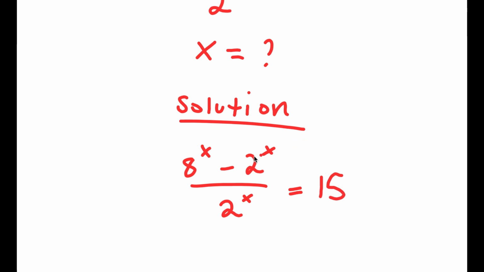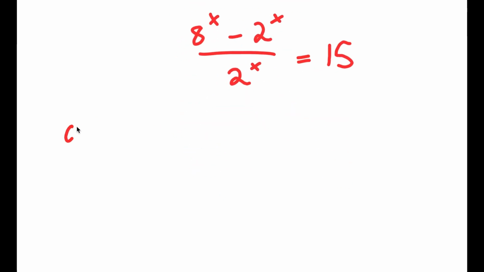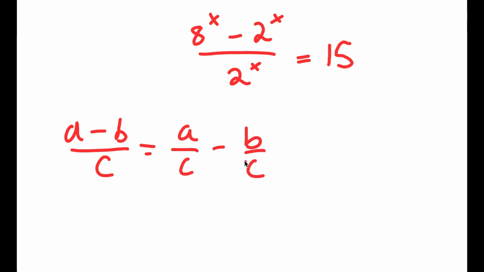And if I have something in the form a minus b over c, this is the same thing as a over c minus b over c. So this is a property of fractions.